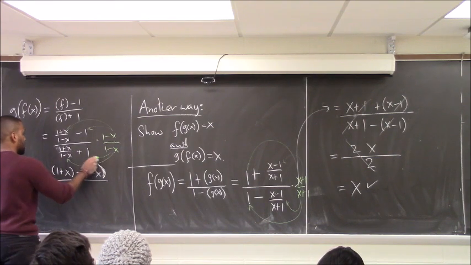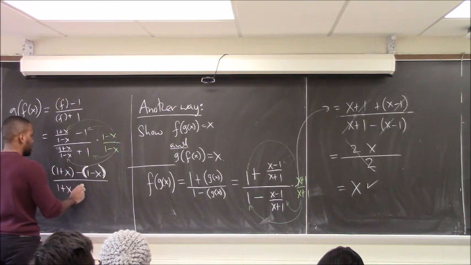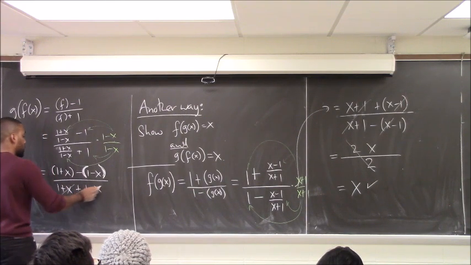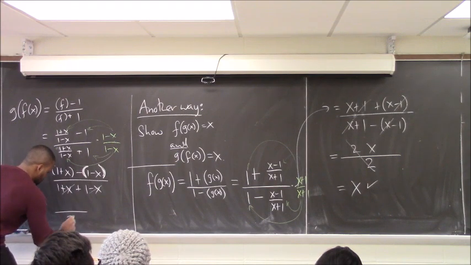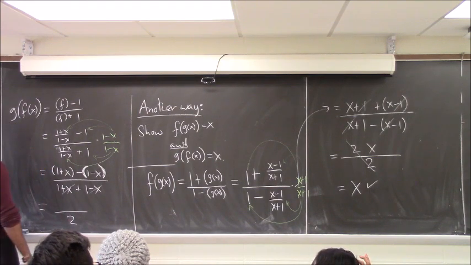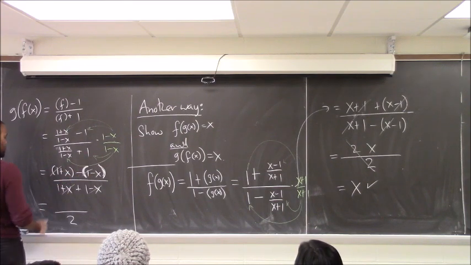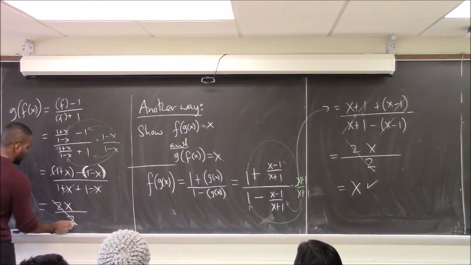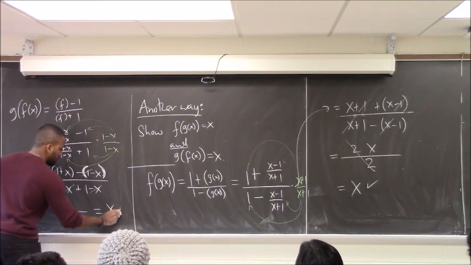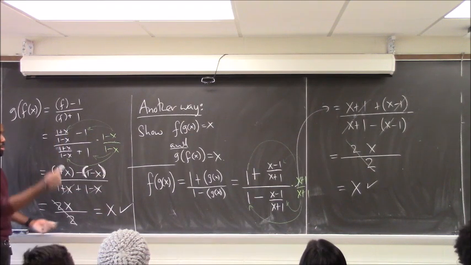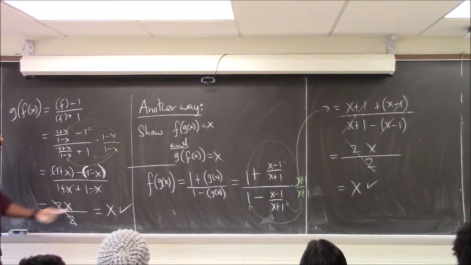And multiply this by this, 1 minus x. The x's would cancel. In the denominator we would have 2. In the numerator I would have 1 minus x minus a minus x, that gives me 2x. Again, these cancel, and you just get x. And that's how we can show that they are inverses of each other. Because if I plug one into the other in either direction, x is the result.